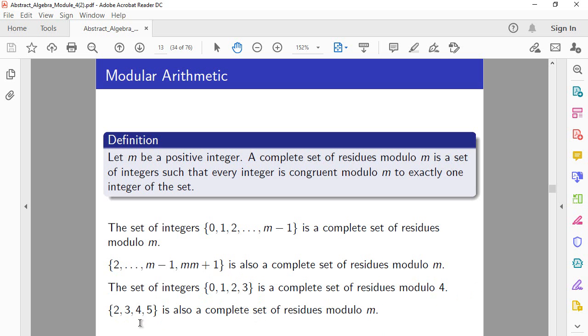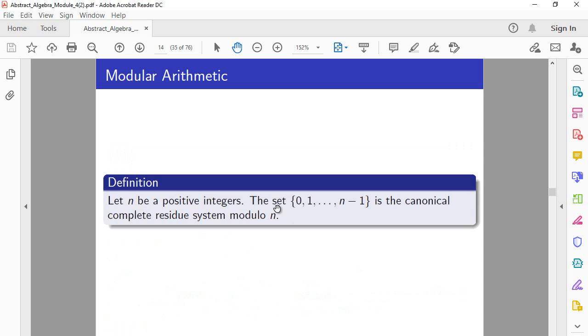Notice that 4 is congruent to 0 mod 4, and 5 is congruent to 1. Given a positive integer n, the set 0, 1, up to n minus 1 is called the canonical complete residue system modulo n.